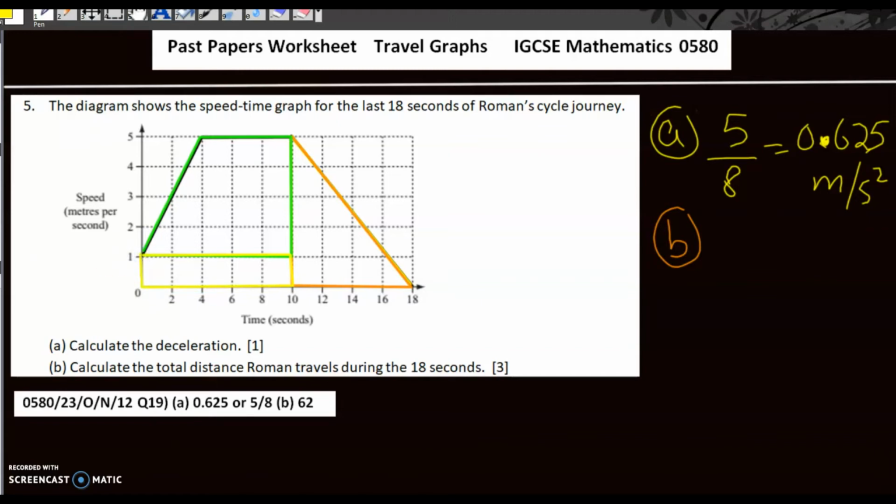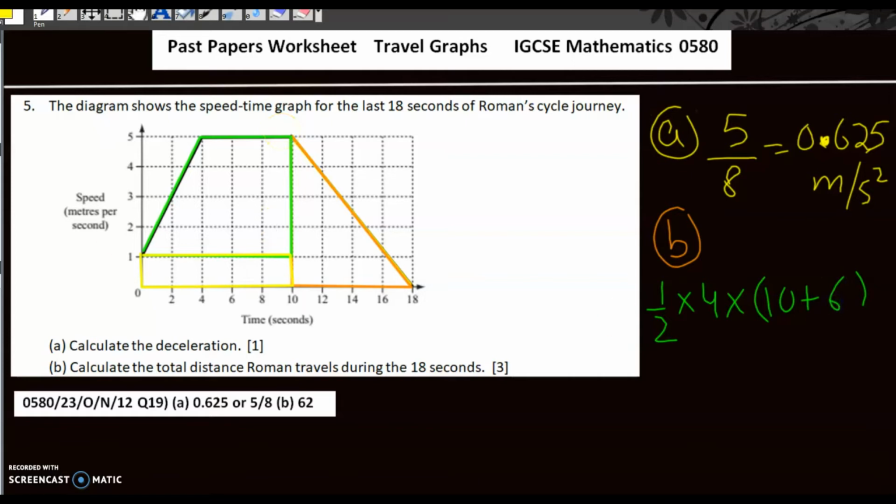So let's start with the green trapezium. Half times height. Height is from 1 till 5, which is 4 units, times the sum of parallel sides. One side is 10 units, plus the upper side is from 4 till 10, which is 6 units.